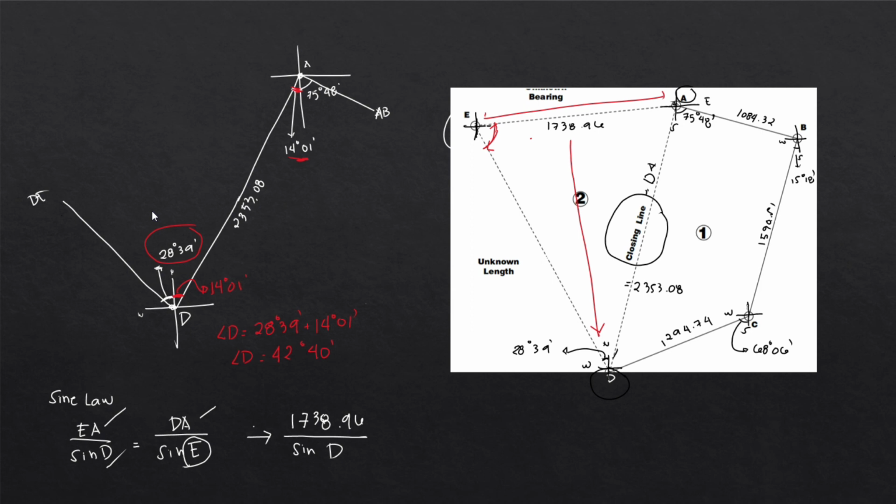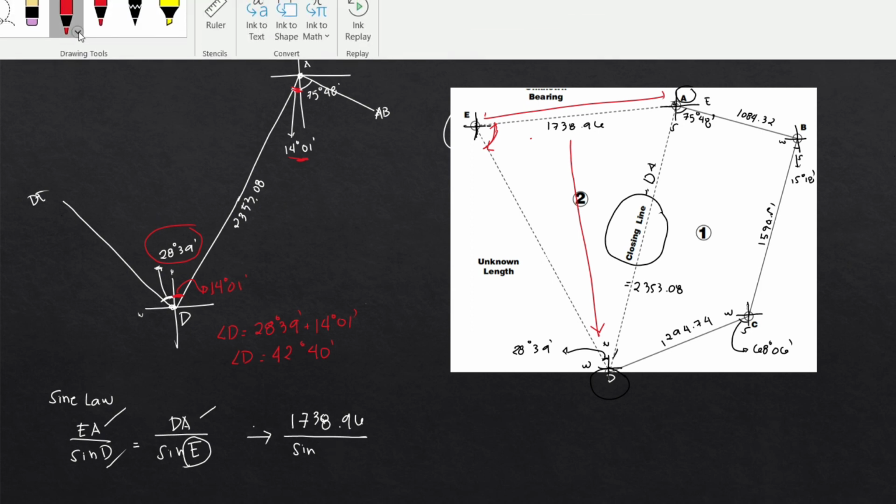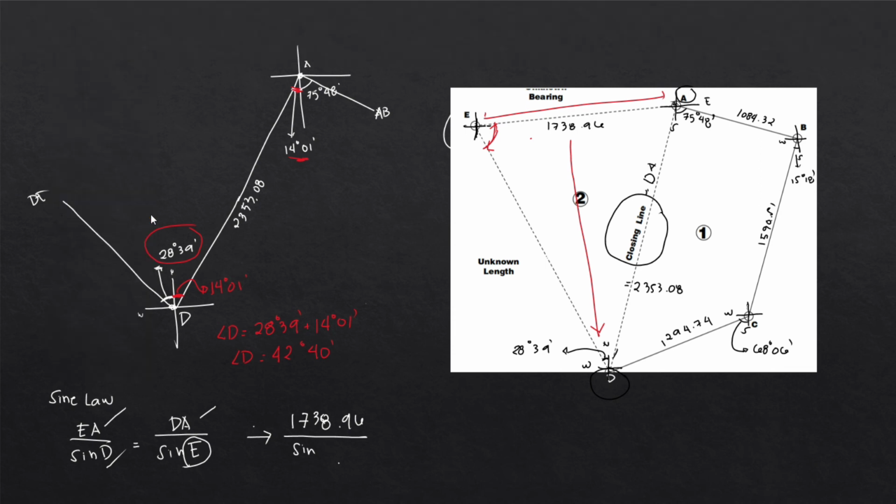Okay, so yun yung i-substitute natin dito sa value ng D. Okay, so meron tayong 42°40' is equal to DA natin, nakuha na kanina, 2,353.08 over sin E ang hinahanap natin.